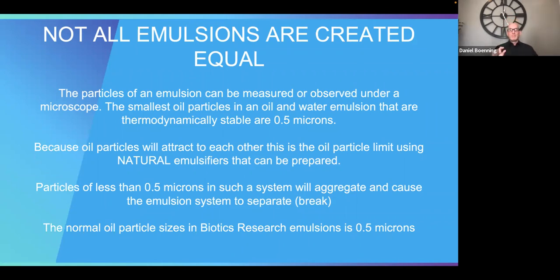I highlight natural in big bold letters because when we try to reduce the micron size, we leave the natural world for synthetic emulsifiers to make that happen. Particles of less than 0.5 microns in such a system will aggregate and cause the emulsion system to separate or break down. So you've done this technology, you've tried to make it smaller, you used a synthetic, and now you've got a mess. So we use 0.5 micron natural emulsions.